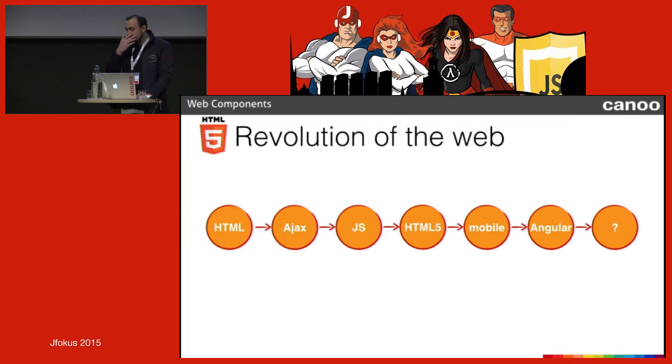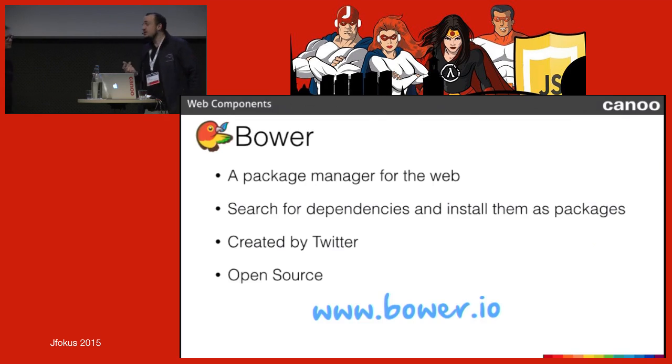Before we start, we have two slides that will introduce Bower, because maybe some of you haven't done web development with HTML and JavaScript before and normally do Java stuff, and maybe they don't know Bower. Bower is a package manager for building web applications. It's something like Maven from the Java world, but for the web.